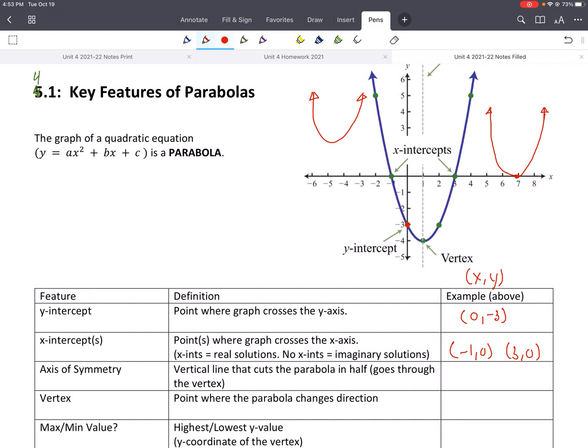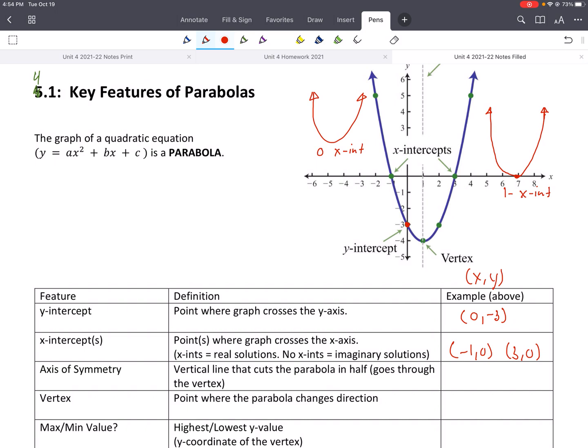So we could have 2 x-intercepts, we could have 1 x-intercept, and we could have 0 x-intercepts. It all depends on where that parabola has shifted, if it's above the x-axis, if it just barely touches the x-axis, or if it crosses 2 times.